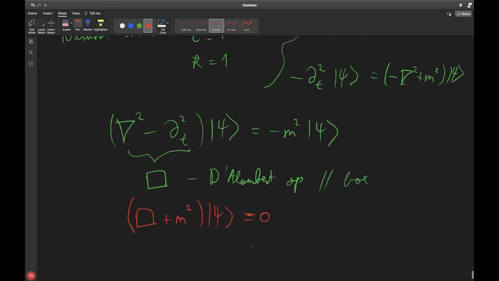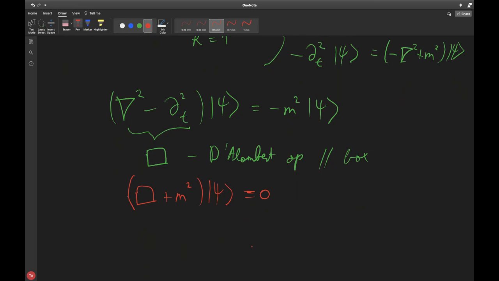And actually, when we discussed the D'Alembert operator in the math video, we also thought about the 4-vector, the partial d mu. Actually, it was not even in the math video. It was in the 4-vector notion. So d mu times d mu was actually the same as the box operator.